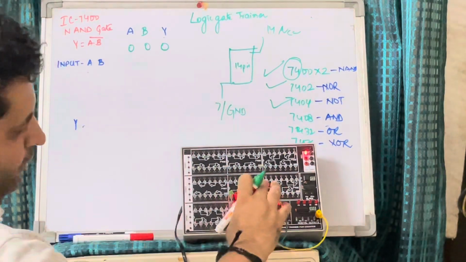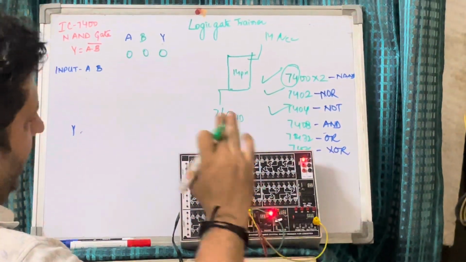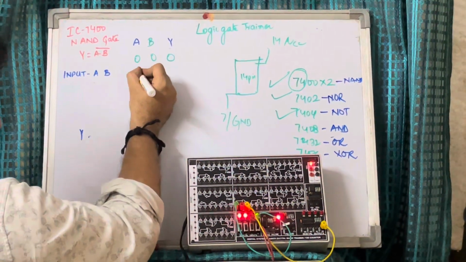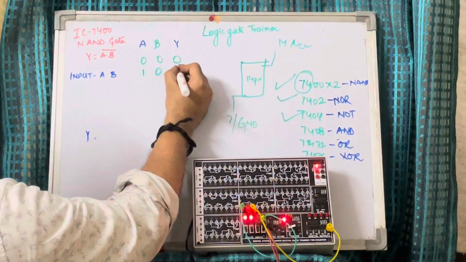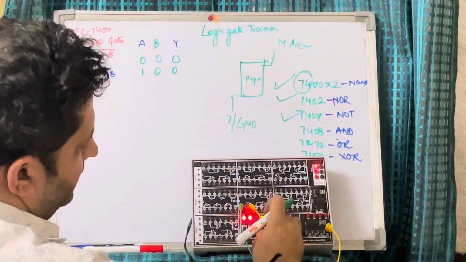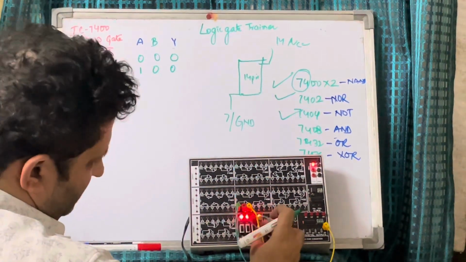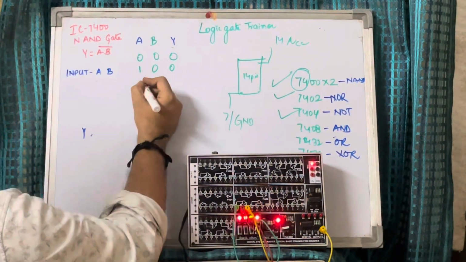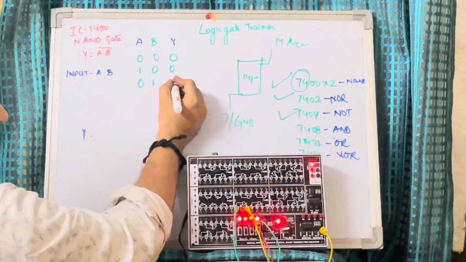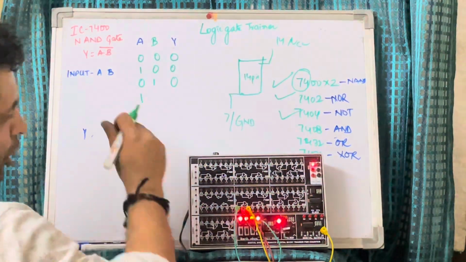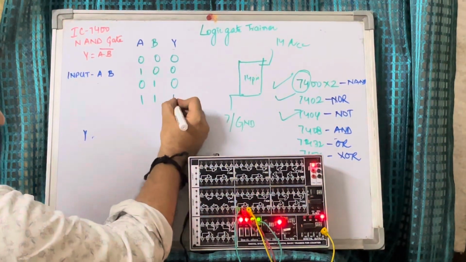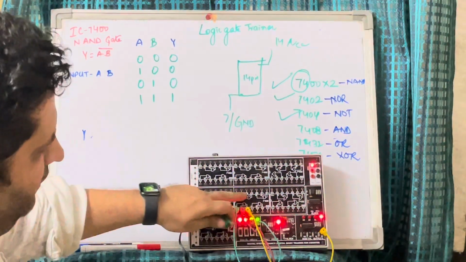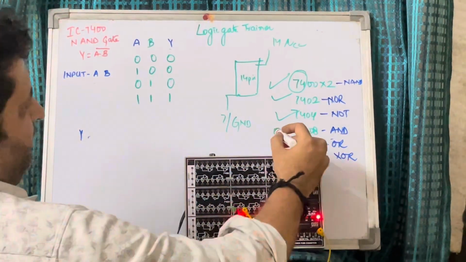Now we are making this high, that is 1 0, and the output is 0. Now we are making this high, that is 0 1, output is still 0. Now we are doing A and B both input high and the output is 1. So this is the working of IC number 7408.